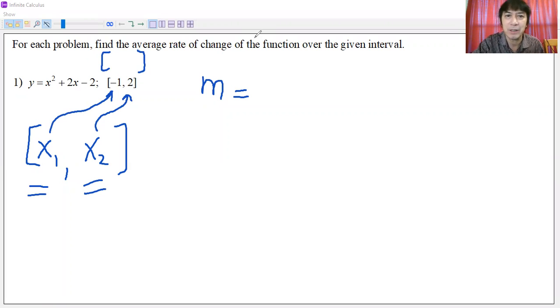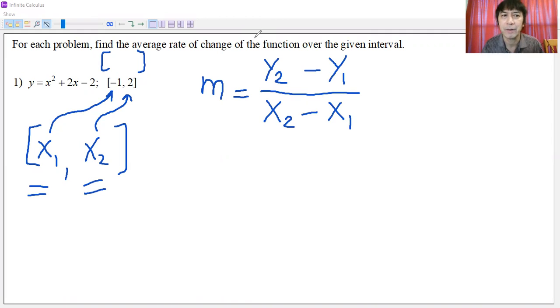All right, so we need to explain that, and the slope formula that we use is y2 minus y1 divided by x2 minus x1. Now, in our solution, we will have to compute y2 using the x2. So to solve for the function, using the x2, y2 is actually f of x2.